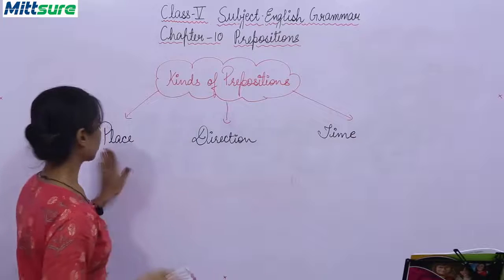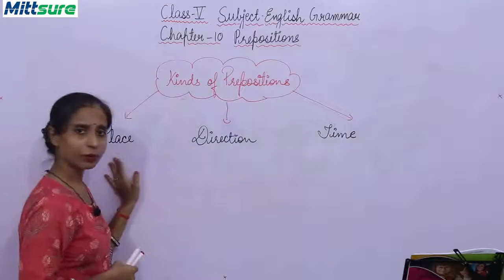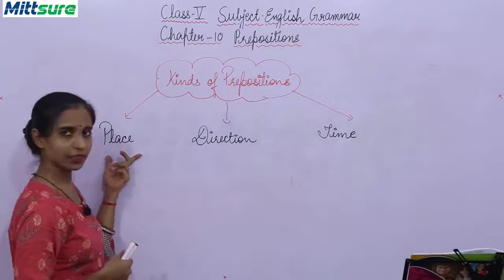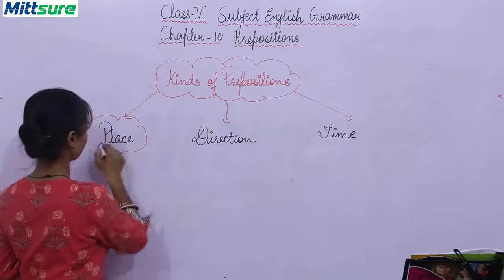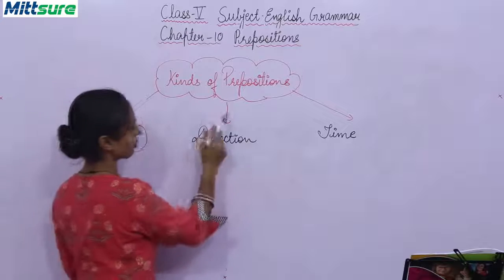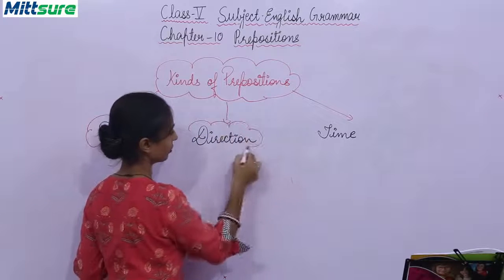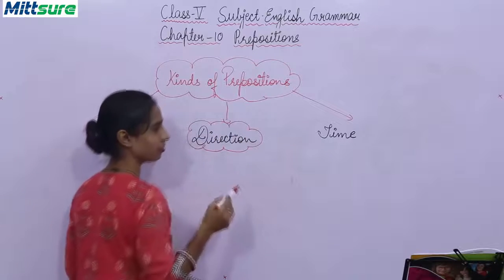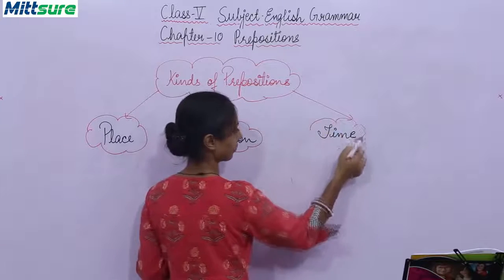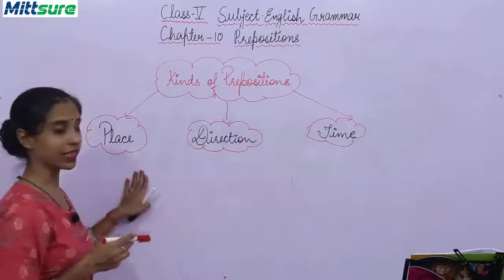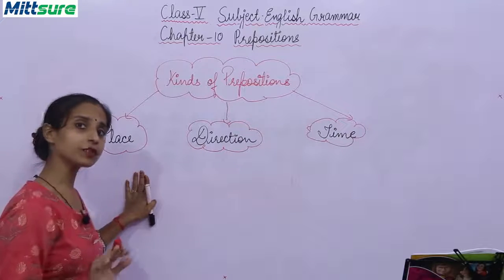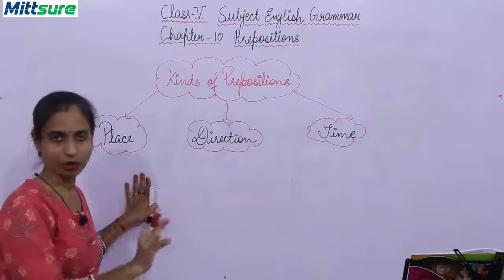Alright. So, the first kind of preposition is place, preposition of place. The second is preposition of direction, and the third one is preposition of time. The first one, that is preposition of place, tells you the place of a noun or a pronoun.